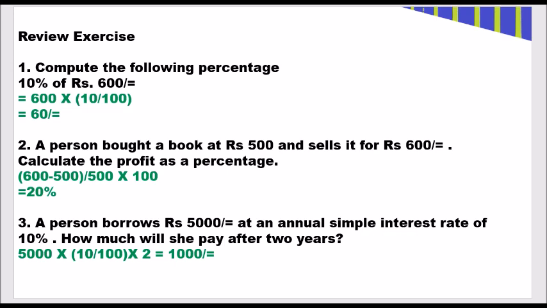So 600 subtract 500 is the profit. You have to express that as a fraction out of the buying price, and multiply by 100 to convert to a percentage. So let's move to the calculation. 600 minus 500, divided by 500, multiplied by 100 is 20%.